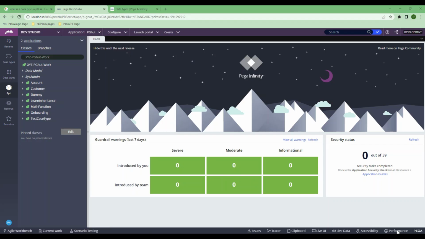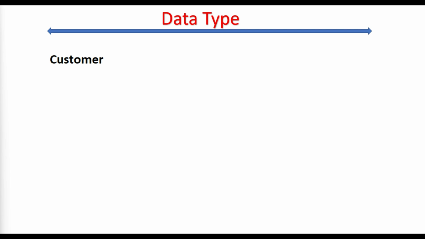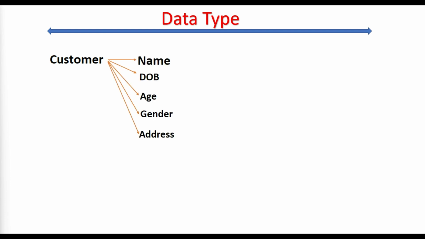So let's first understand what is a data type. I've created a quick reference for you guys just so that I can explain. Let's consider you're working on a customer case where you have a customer, and a customer will have name, date of birth, age, gender, and address.